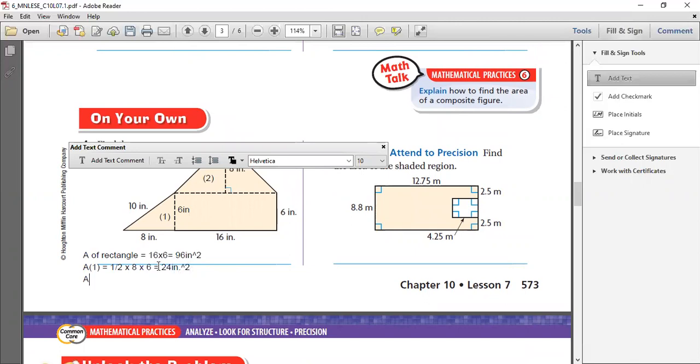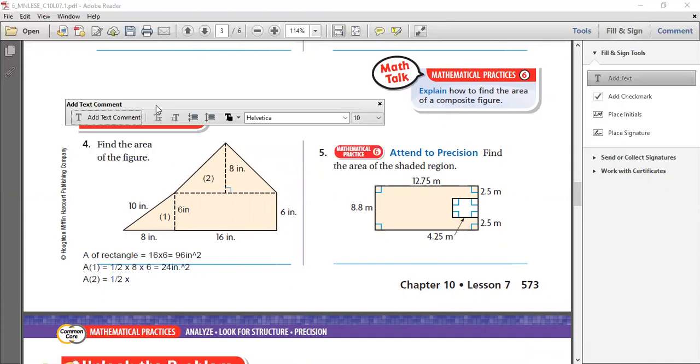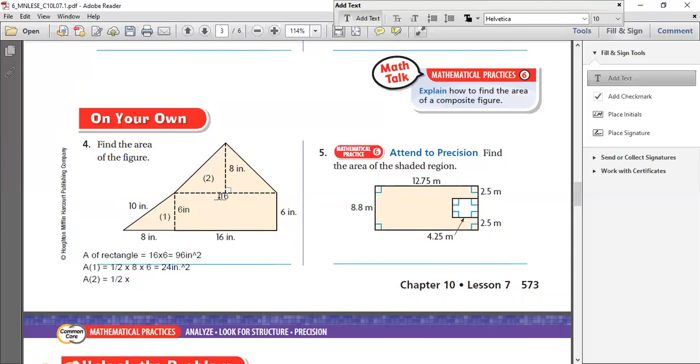Okay, now let's find the area of triangle 2. So again, half multiplied by the base of triangle 2. This is the base, you can see. So what's the measurement of this? Now, if this side of the rectangle is 16, the opposite side is also going to be 16, right?